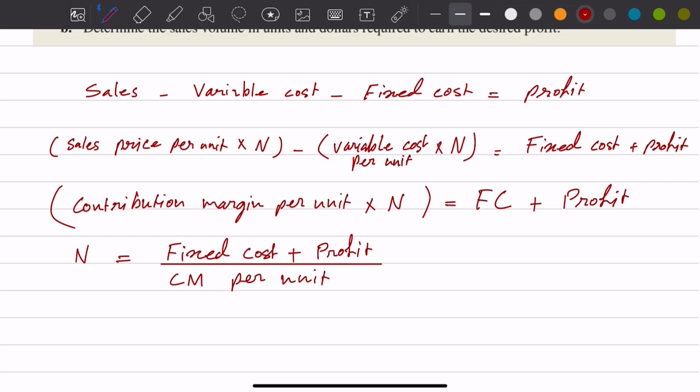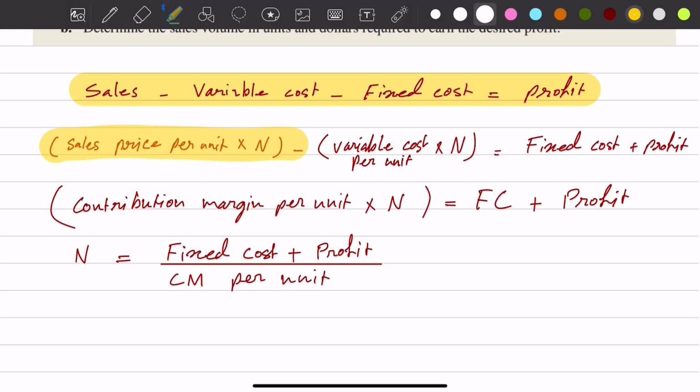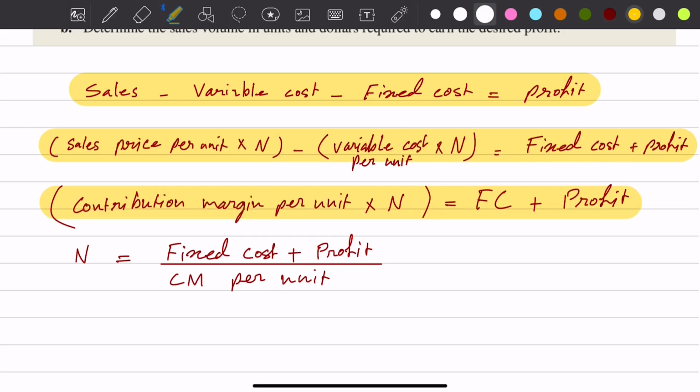Okay, so these are all the formulas that we need for this particular exercise. So let's have them all right here organized so we could use them.